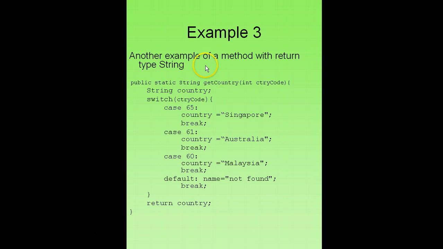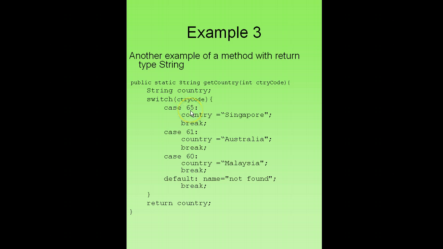So we have another example of a method with return type string, where we have a method header here and the return type is string. We have the method name getCountry and an argument to pass into the method, integer countryCode. What we are doing is a switch case statement. A switch case statement is something like if else, but it simply evaluates a single value based on certain conditions.